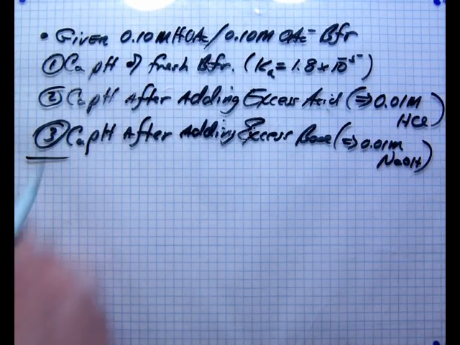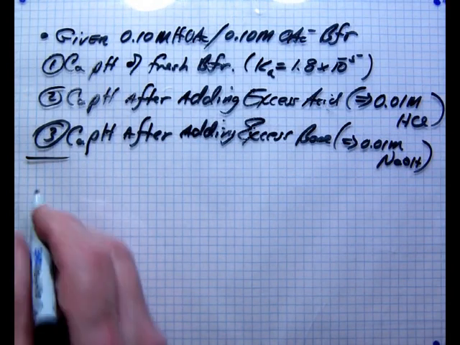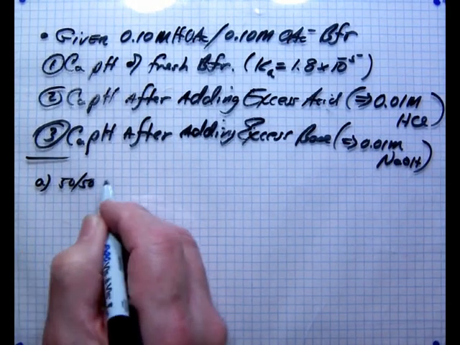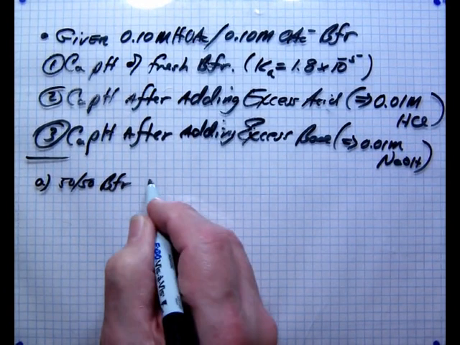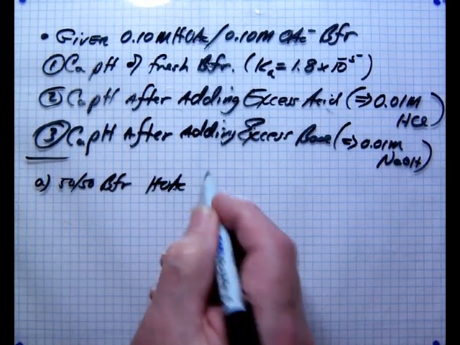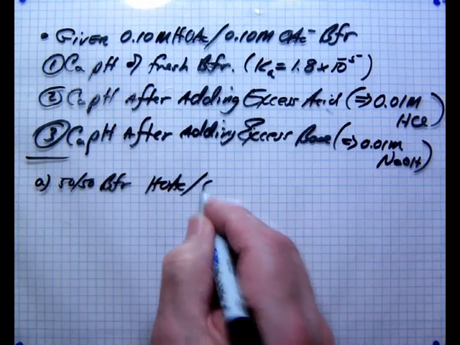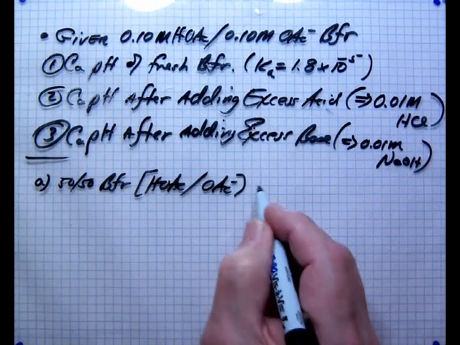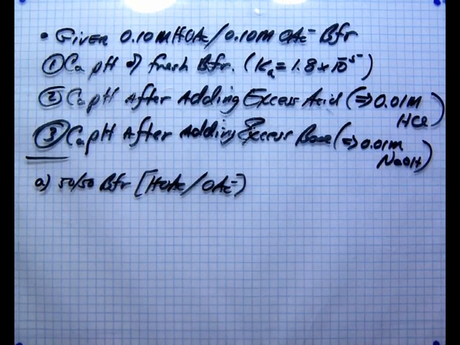Problem 1 up here is: calculate the pH of the 50-50 buffer. That is for HOAc and OAc- at 0.1 molar.